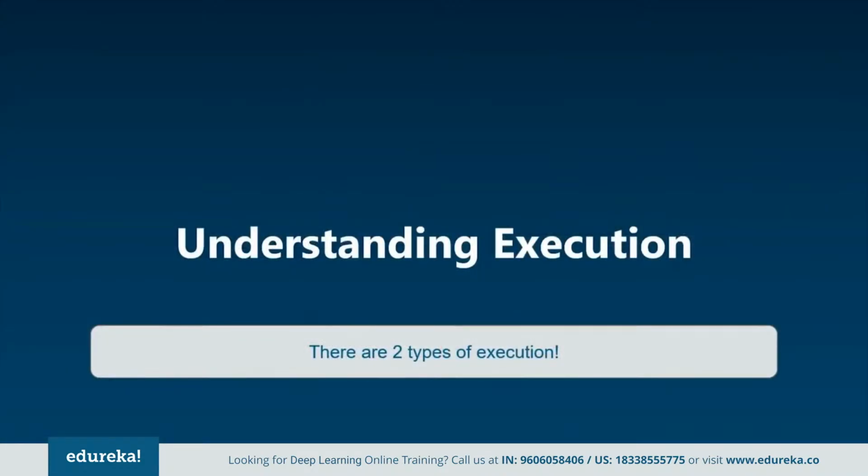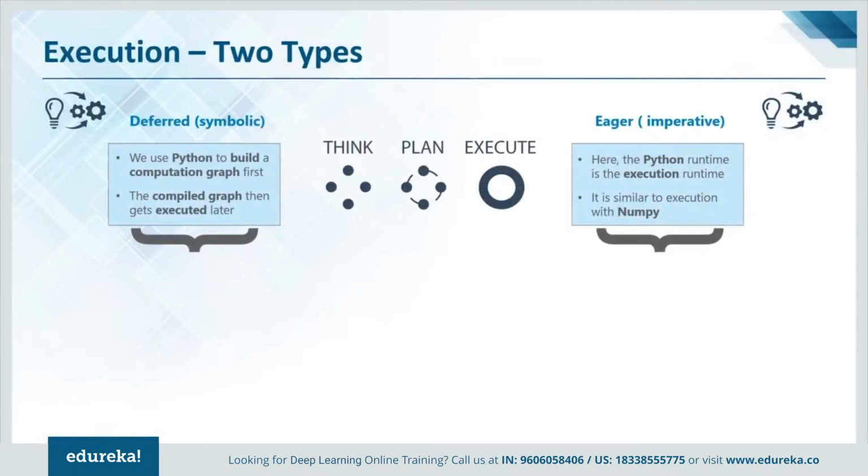So moving on, we need to understand the two basic types of execution in Keras, deferred and eager execution. It is also called symbolic and imperative execution. With deferred, we use Python to build a computation graph first like we previously discussed, and then this compiled graph gets executed. With eager execution, there is a slight change, guys. It is here that the Python runtime itself becomes the execution runtime for all of the models.